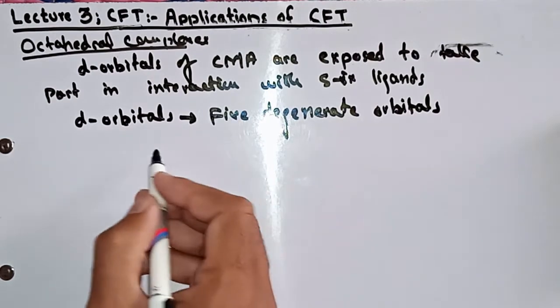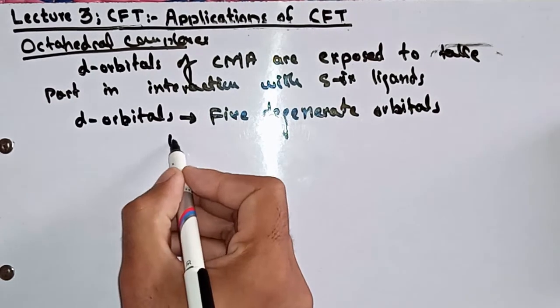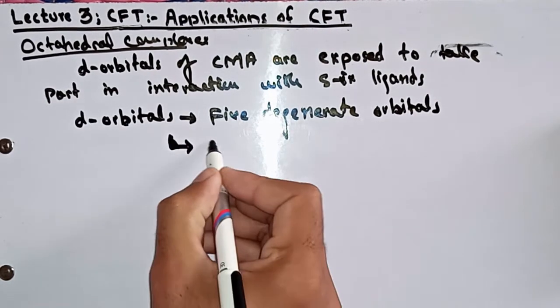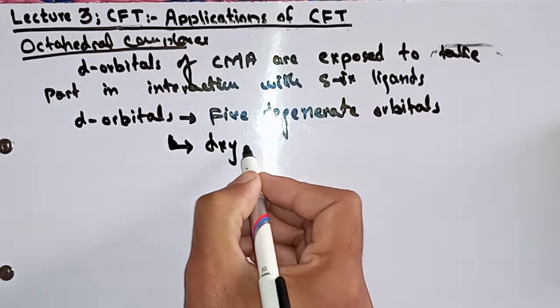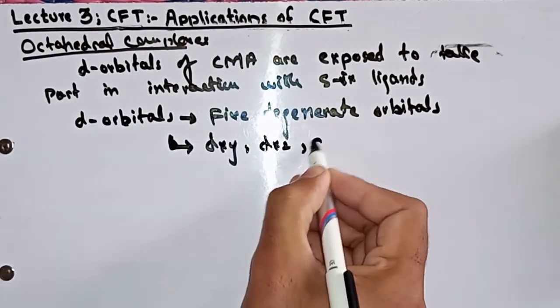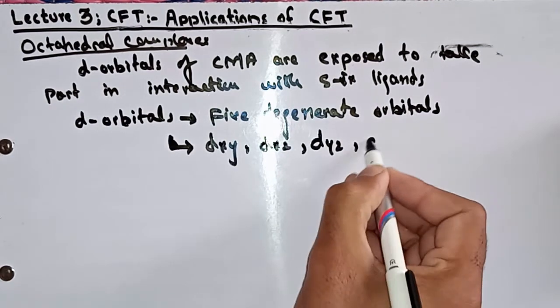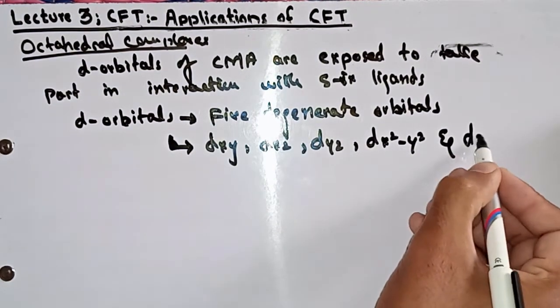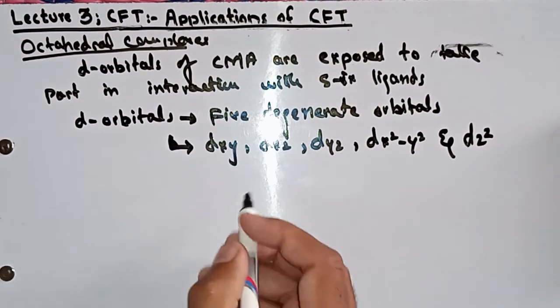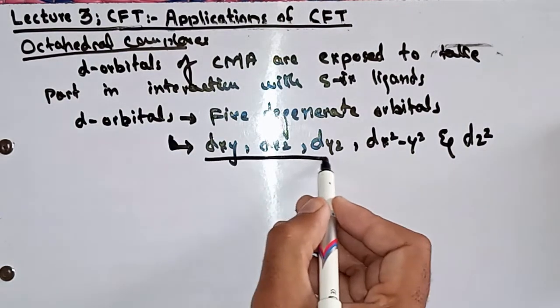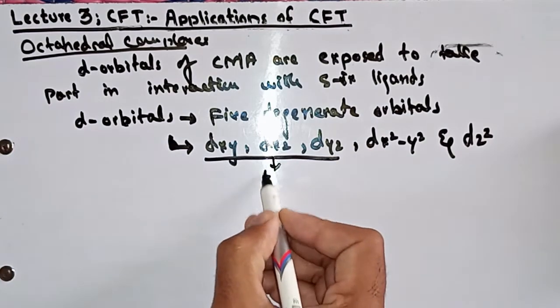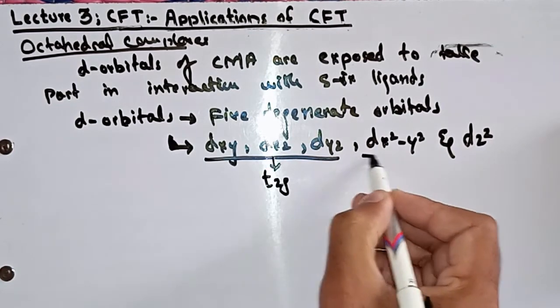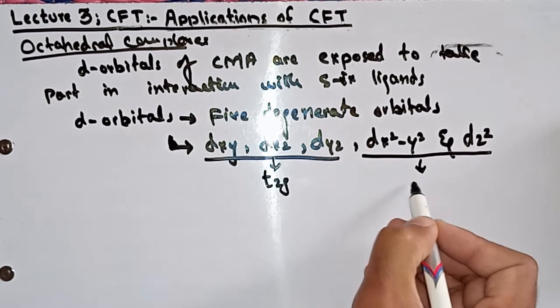The d orbitals have 5 degenerate orbitals: dxy, dxz, dyz, dx square minus y square, and dz square. Among these, three orbitals are called t2g orbitals, while two are called eg orbitals.